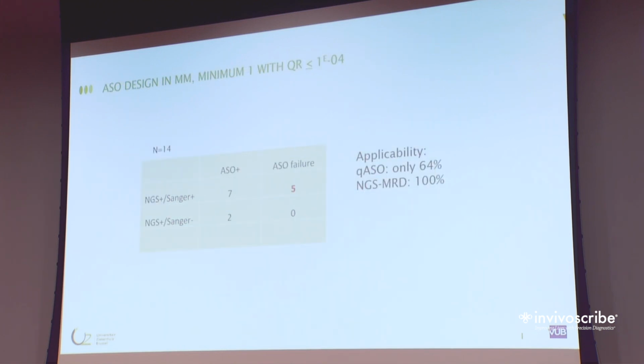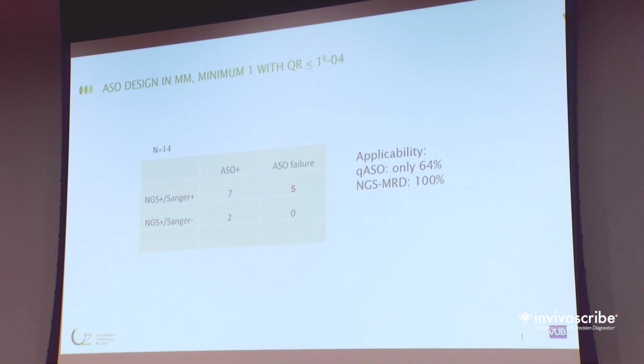So we in fact were convinced that NGS works well, and so we skipped the fragment analysis. And when we wanted to design ASO primers in the myeloma situation, so we had a research project on that, we wanted to do the MRD analysis via ASO. We still had a failure of ASO design in 5 patients of the 14.